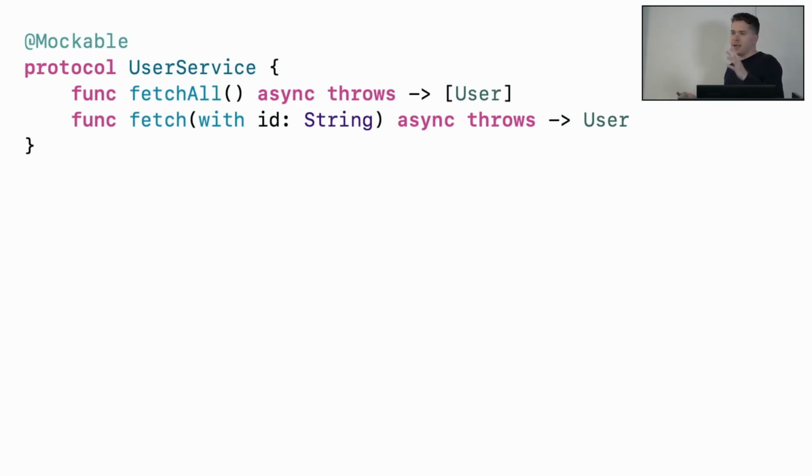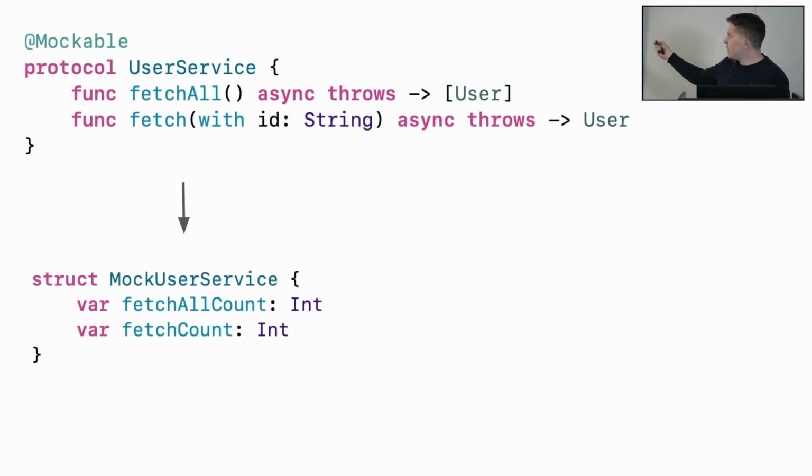So let's see the example macro we are going to do today. Let's say we have a protocol which is called UserService. It has two requirements, a fetchAll and a fetch function. And we will generate a structure called MockUserService for it that will contain a stored integer property for each of the members.